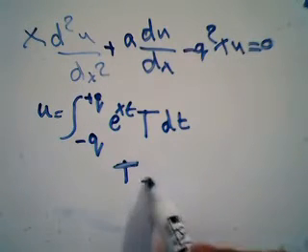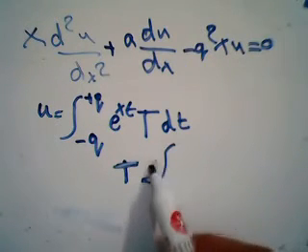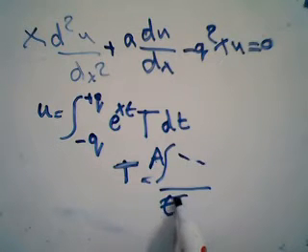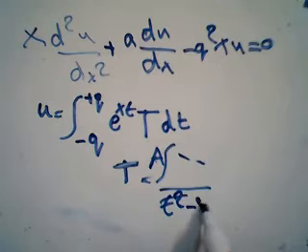was something like this: some constant, some integral over something like t squared minus q squared.